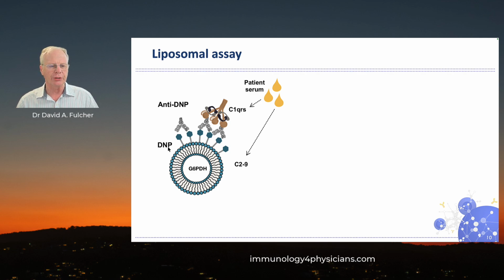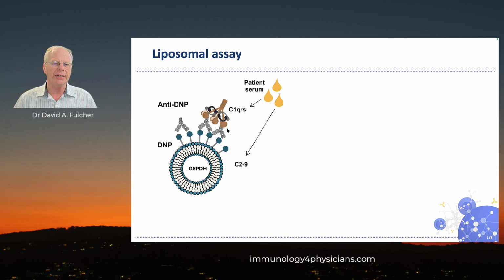You have a liposome and you put an enzyme, G6PD dehydrogenase, in the middle of the liposome, and you put dinitrophenol as an antigen on the surface, and you come in with an antibody to that. Remember, it's really much the same as sensitized red cells in a nice little capsule. You then come in with the patient's serum, and this will contain C1 right through to C9.